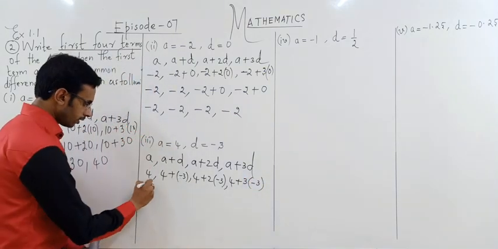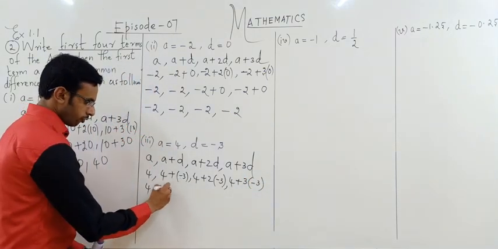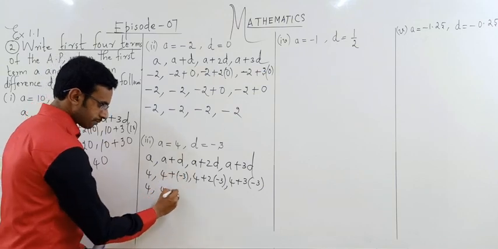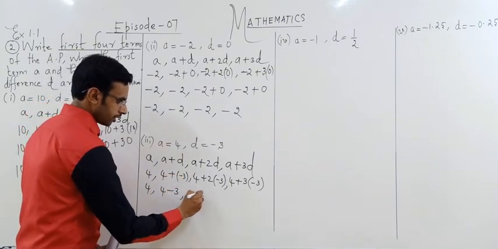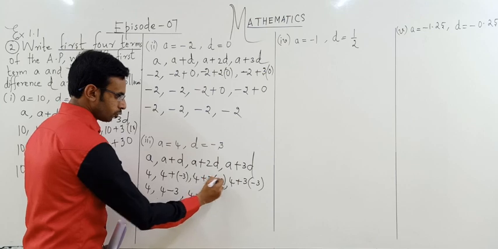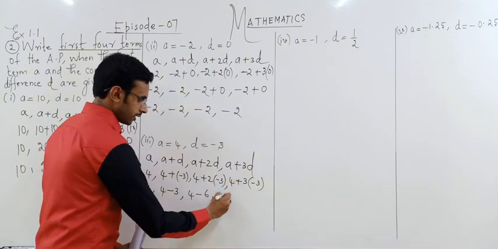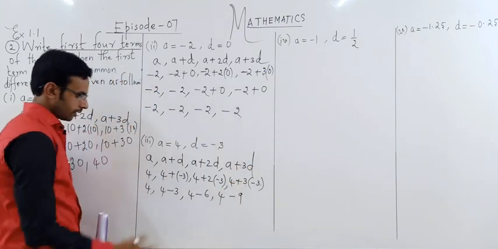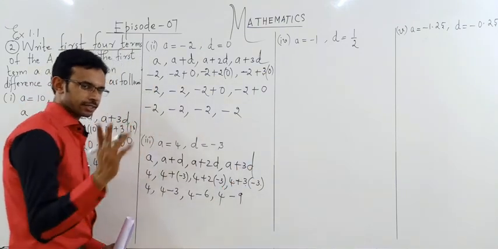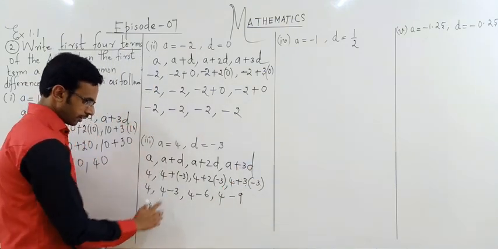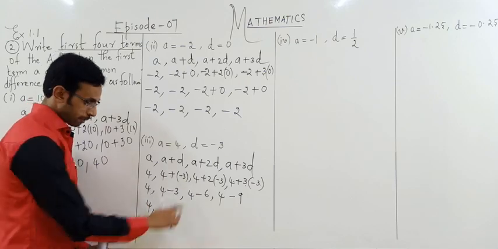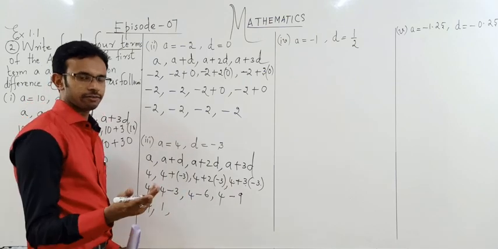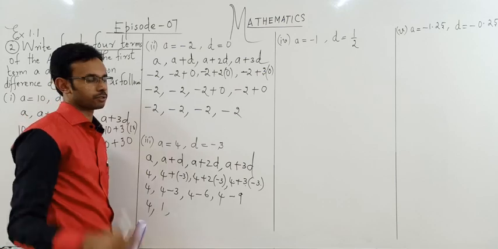Let us calculate. 4 plus into minus is minus 3. 4 plus into minus is minus, 2 3s are 6. 4 plus into minus is minus, and 3 3s are 9. Now you have learnt the rules of addition and subtraction. You know what the rules are. 4 minus 3 is 1, but 4 minus 6, you may say, from 4 to 6, how is it possible to subtract?